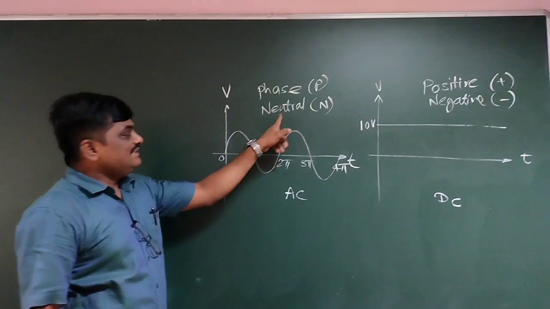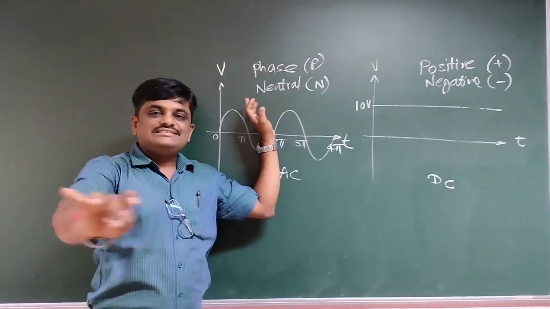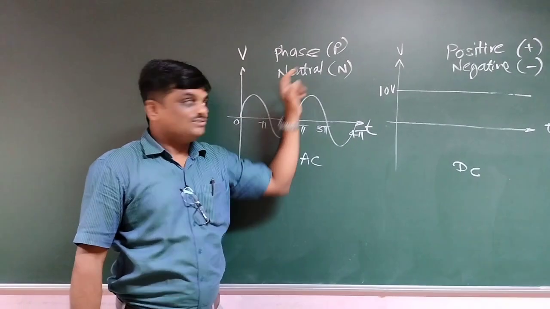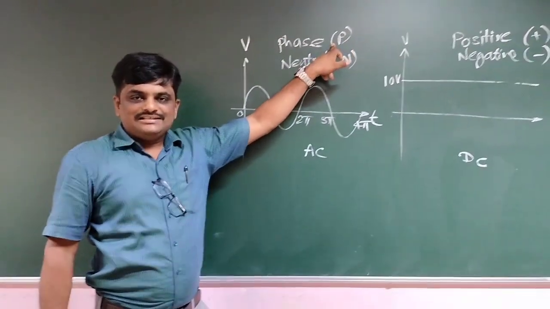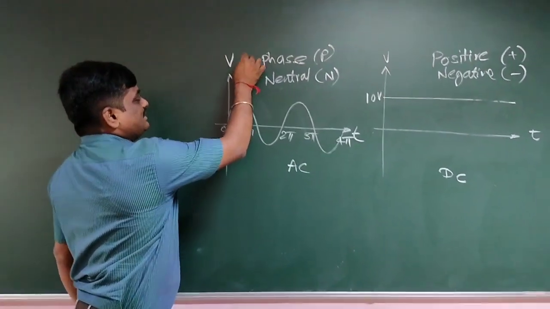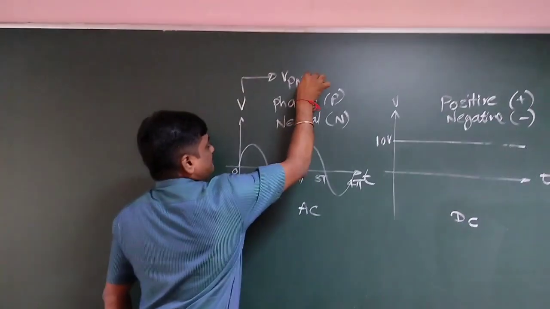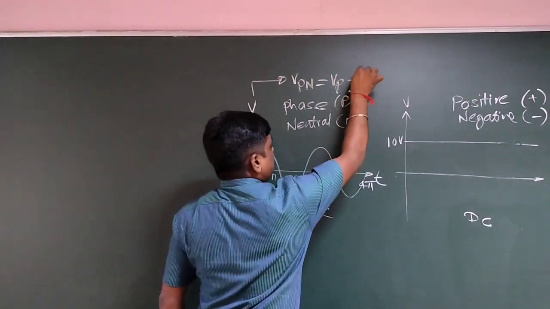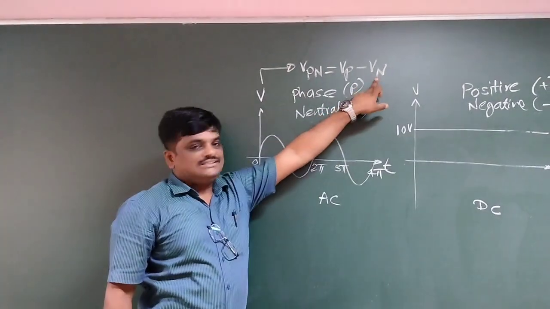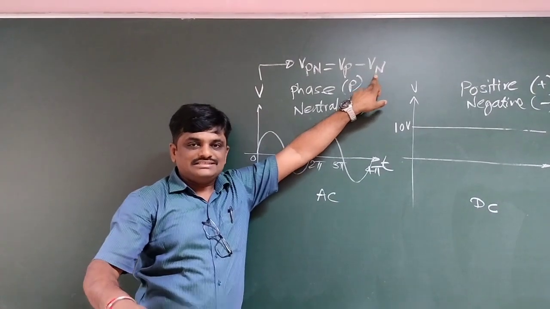But if we consider AC, there are two terminals, phase and neutral. Neutral is near about zero potential. Its potential is near about zero, not exactly zero. And the phase potential changes with respect to time. What is this AC signal actually? This AC signal is nothing but VPN, which is the voltage at the phase terminal with respect to the voltage at the neutral terminal. Neutral potential is almost zero, which is constant. It is not changing.